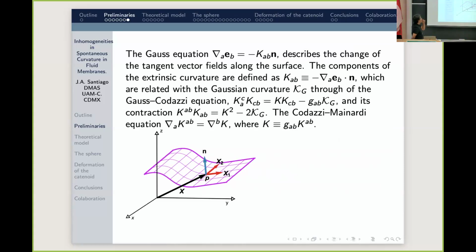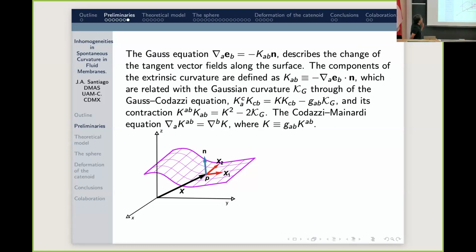The basic equations that define the surface have to do with the Gauss equation, right? We have the covariant derivative of the tangential vectors that defines the second fundamental form, which is a symmetric tensor that describes the change of tangent vector fields along the surface.